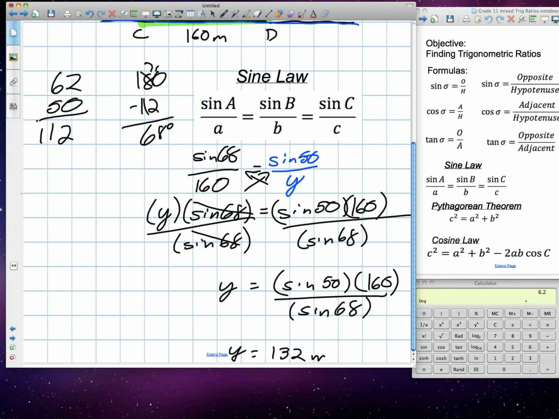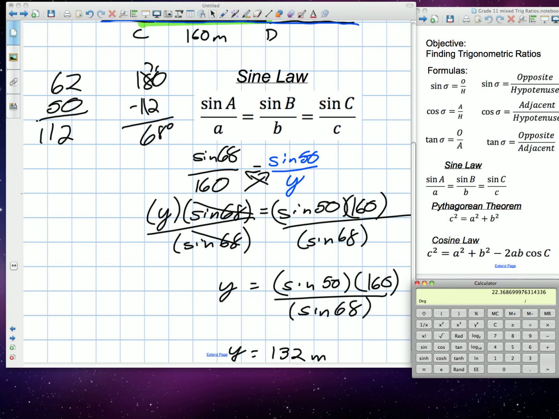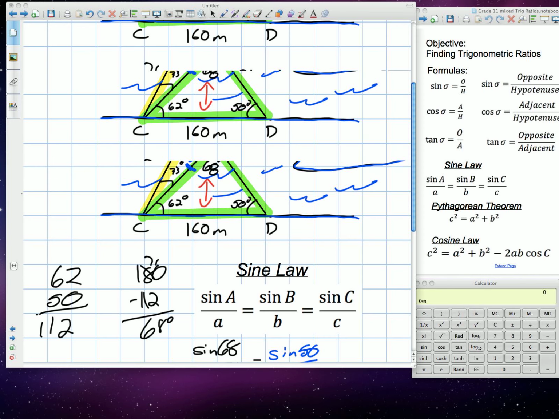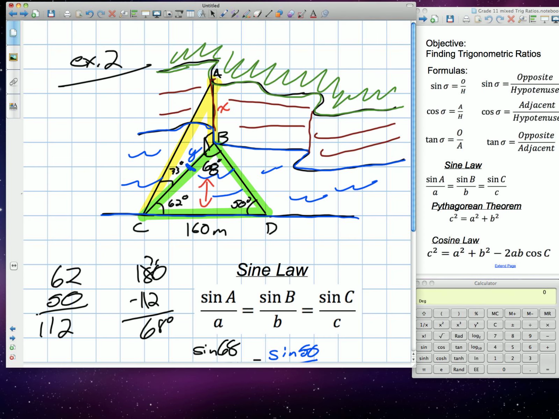If you guys want, I'll do it quickly. 50 sine times 160 divided by bracket 68 sine and bracket equals. Didn't work out so well on my calculators. Should be 132. You can do it without the brackets on yours? So our side that we called Y, so the distance of the river essentially, is 132 meters.